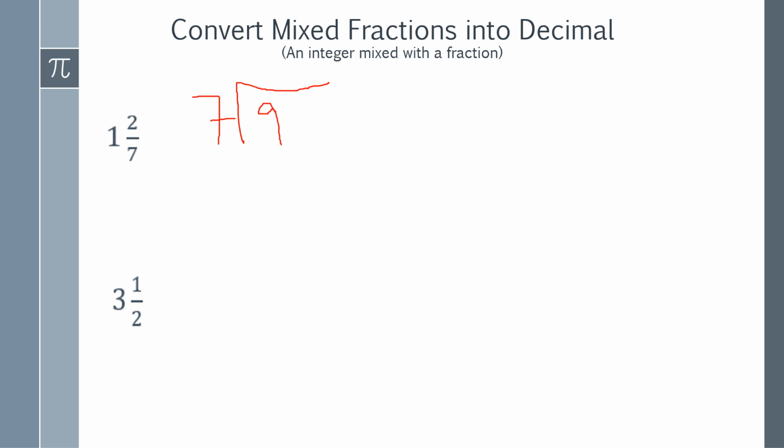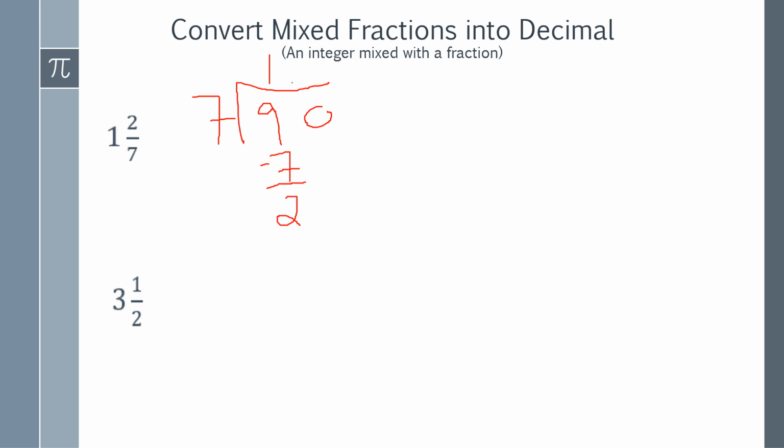7 can go into 9 one time, and we know that 1 times 7 is just 7. We subtract 9 minus 7, that gives us a 2. 7 cannot go into 2 evenly, so we add our 0. When we add that first 0, we have to make sure we put our decimal point up here. Doing a terrible job of drawing this decimal point. Let me redraw that decimal point.